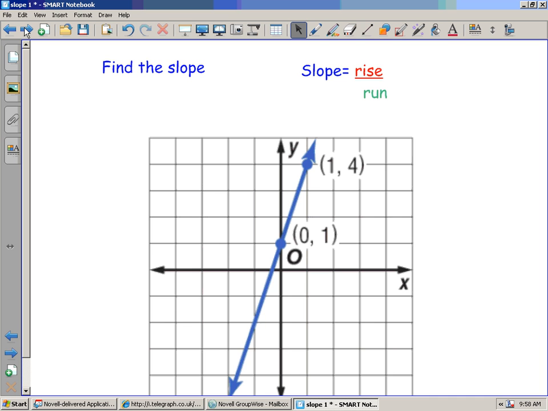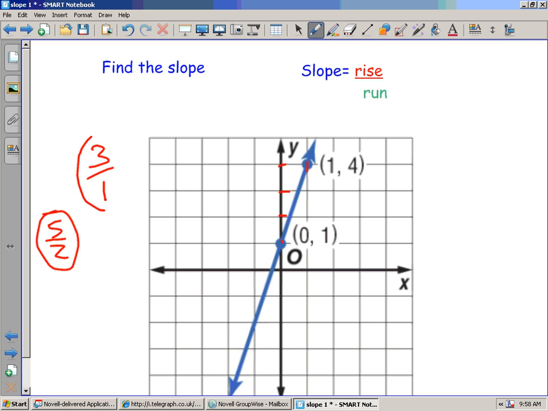We're just going to go through a couple of these. Again, the easiest thing is to take your pencil and put it on one point and count up: 1, 2, 3 lines. Count over: 1. So 3 over 1. Now, if we have an improper fraction, we don't necessarily want to change it to a mixed number. So if I had 5 halves, I would leave that as just 5 halves.